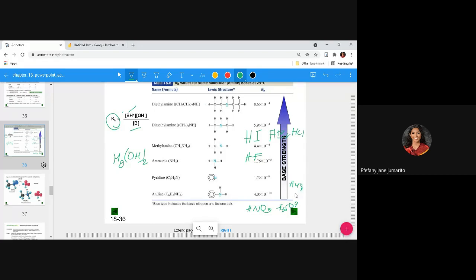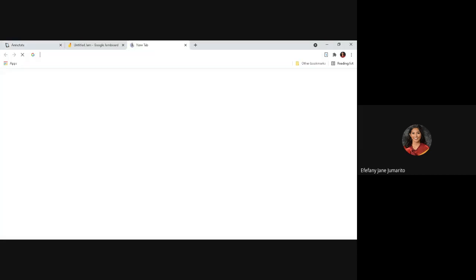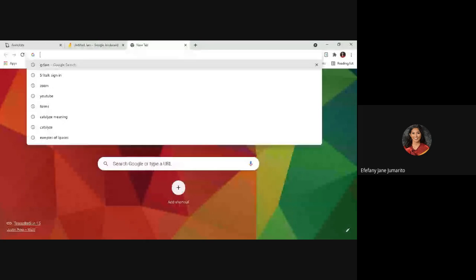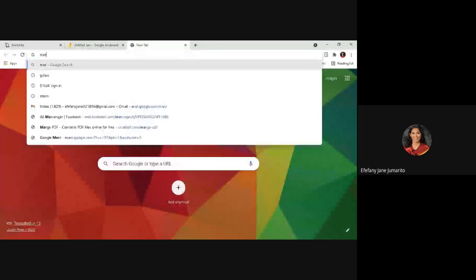HClO4 is acidic. If you have oxygen and an H, then that is an acid. Now, one thing to remember to identify a base: if it is a metal, like Mg, Mg is a metal.